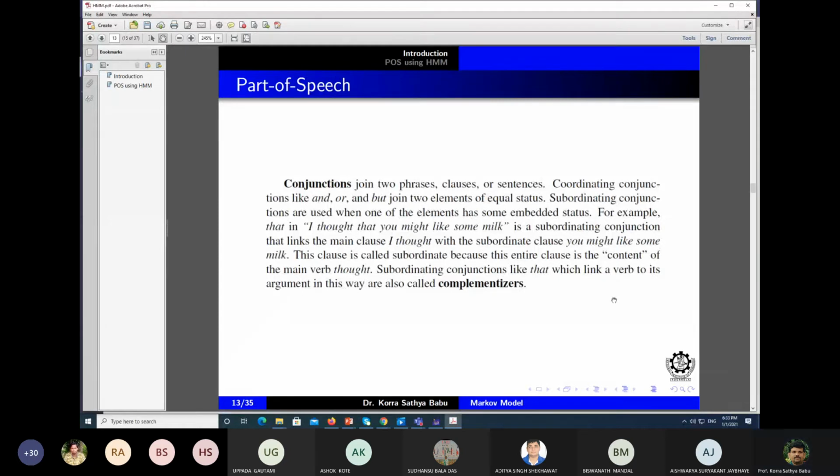Like, Ram, who was the husband of Sita. Here who is the complementizer. These are WH pronouns.